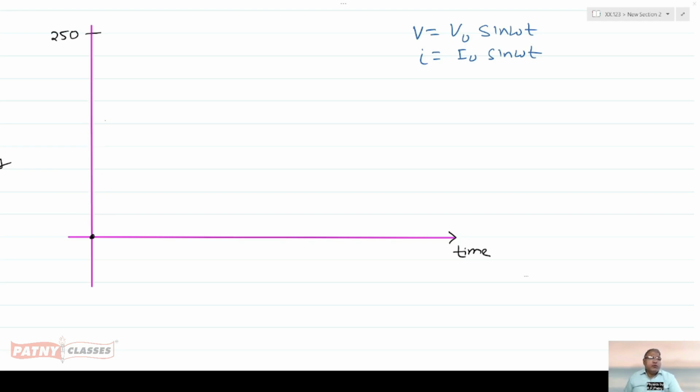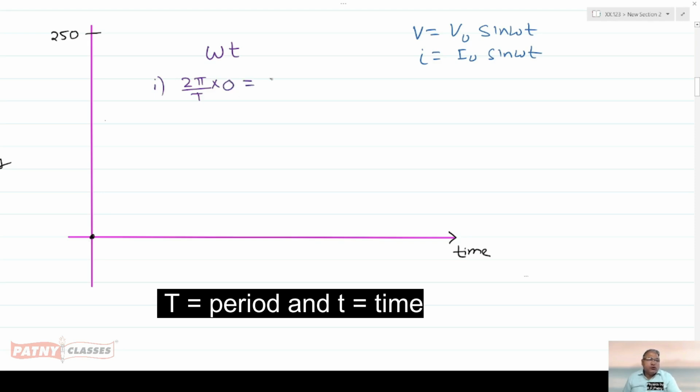And one more thing, we have omega t here. Now omega is nothing but 2 pi upon T. So what values of t can we select? We'll start with 0. So t equals 0, everything is 0. In the second case, we can take a little higher value, that is T upon 4.